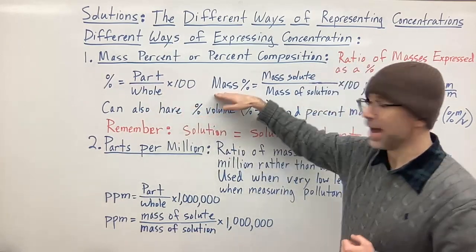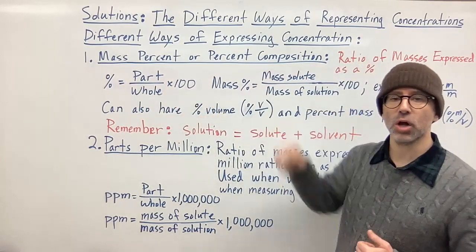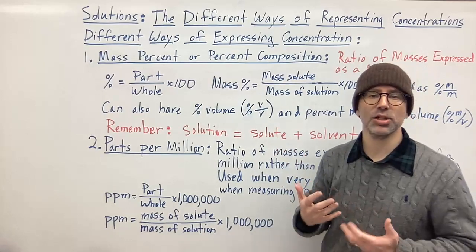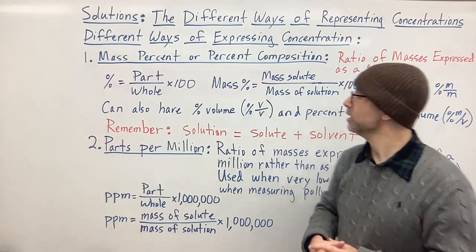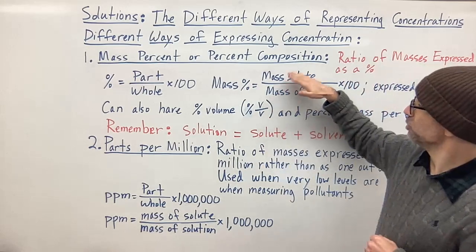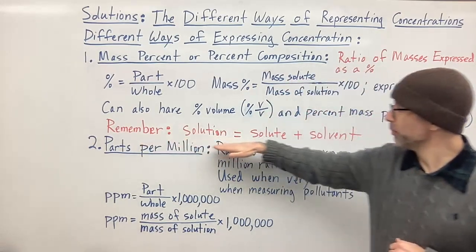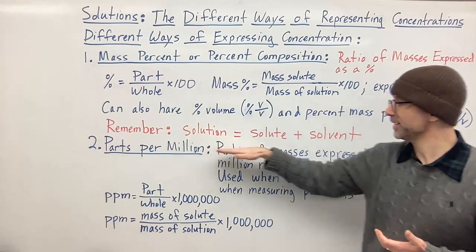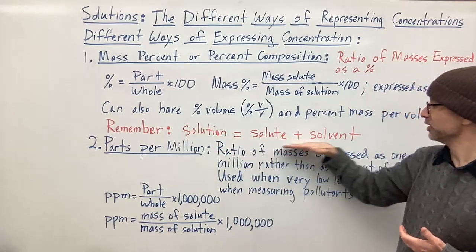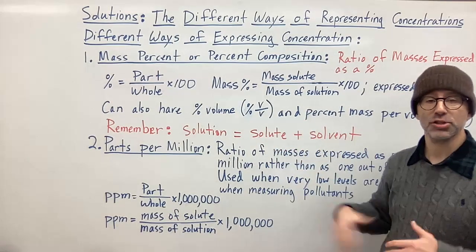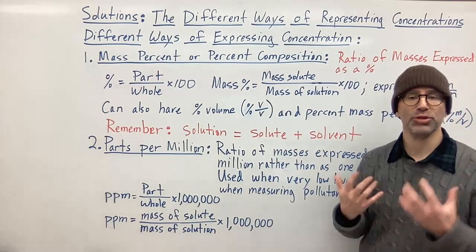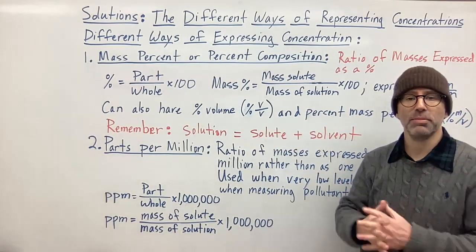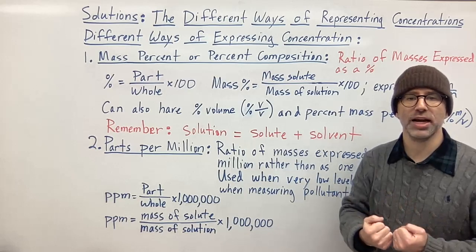So when we're talking about mass percent, the part and whole are expressed in units of mass. One of the things I want to point out is that you have to remember a solution is a solute added to a solvent. A solution is a mixture, a homogeneous mixture, if you remember. Homogeneous mixtures are mixtures that are uniform.